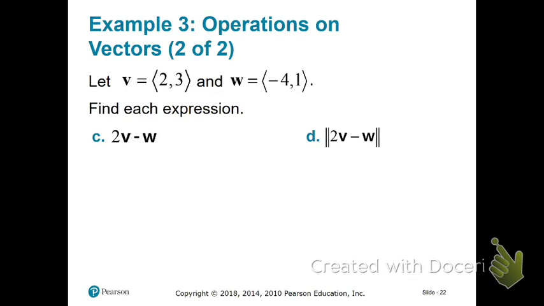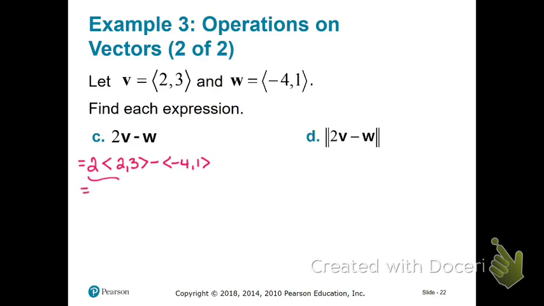All right, example 3, letter C, says we're going to take 2 times vector v and then subtract vector w. So I'm going to set it up. So 2 times vector v minus vector w. Well, did we multiply or subtract first?